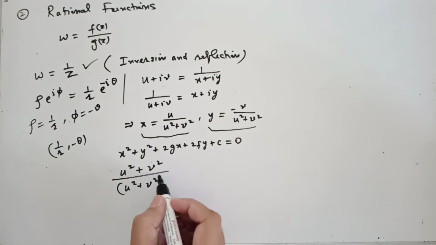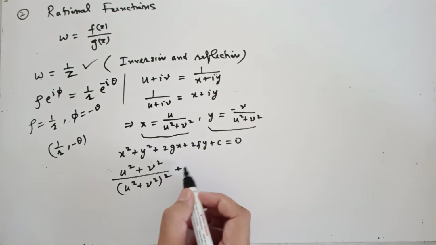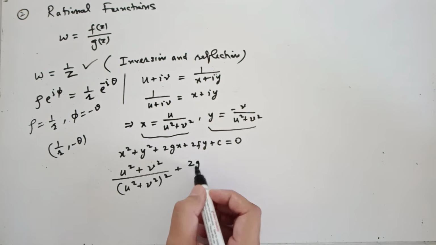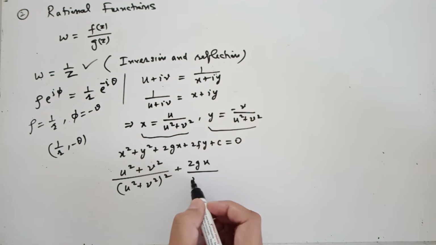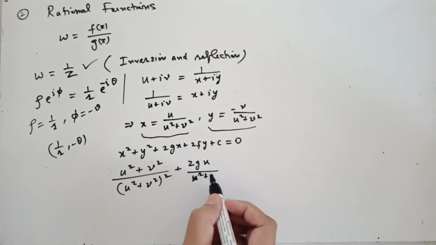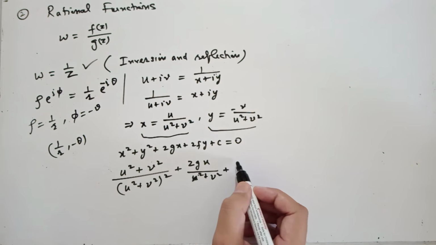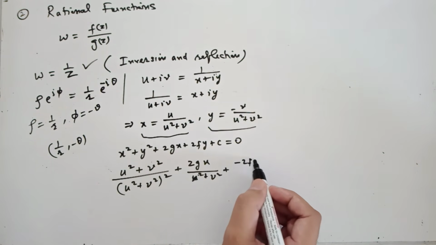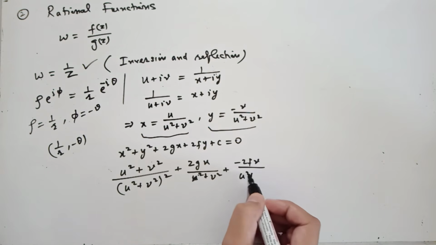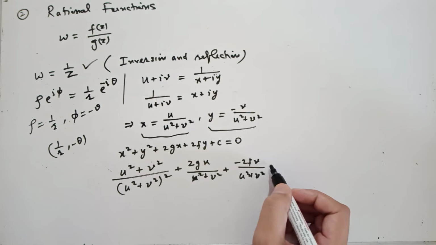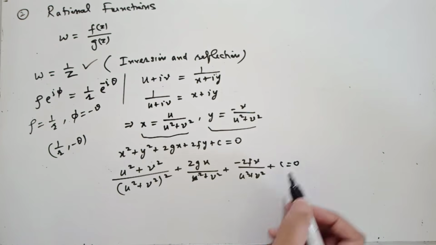I have added the two, plus 2gu over u square plus v square, minus 2fv over u square plus v square, plus c equal to 0.